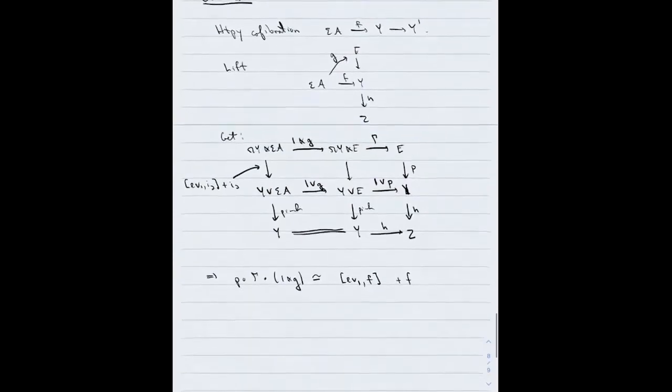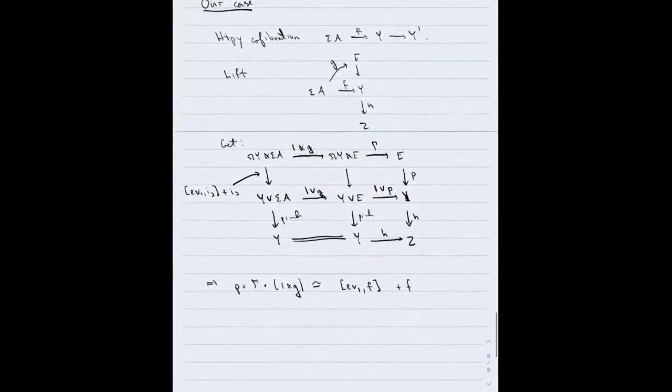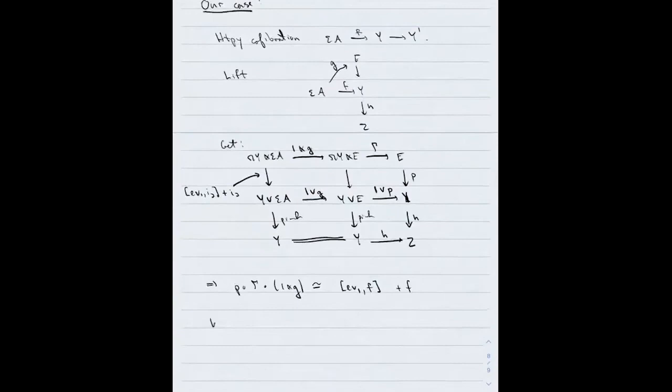Okay. Now, so far, we have not yet used that we're going to assume that loop H has a right homotopy inverse.